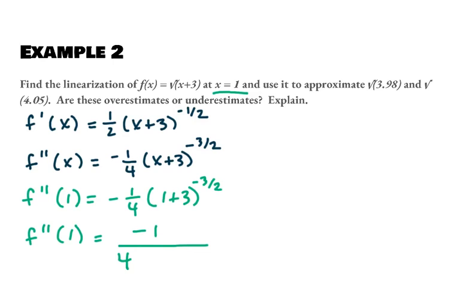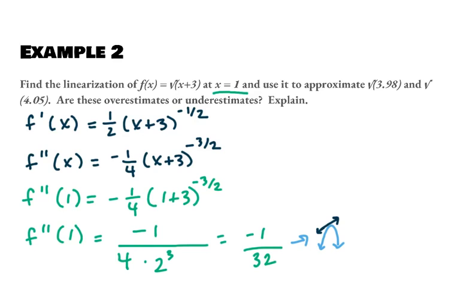So we would have negative 1 over 4, let's see, the square root of 4, which is what, 2? So times 2 cubed. Okay, which gives me negative 1 over, again, some sort of positive number. You don't really have to find the exact value. 4 times 8. Okay, and so we'll be able to say that this means that the function is concave down, which means that any sort of tangent line estimation is going to be an overestimate.